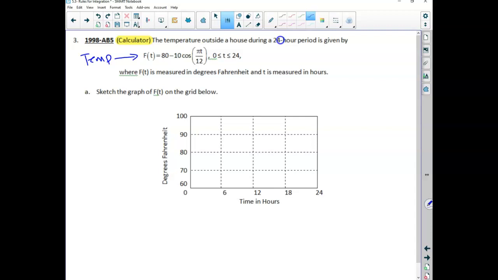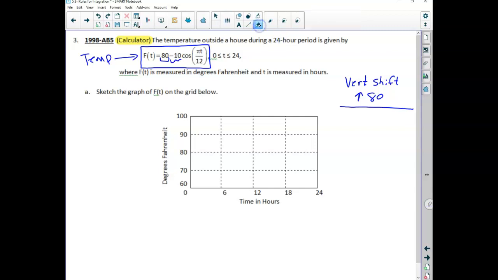Well, think about this. You've got to go all the way back to your pre-calc. Hopefully you're looking at this and identifying this 80 as a vertical shift up 80 units. So I've got a vertical shift. I'm going to focus on that 10, so we know the amplitude is 10.